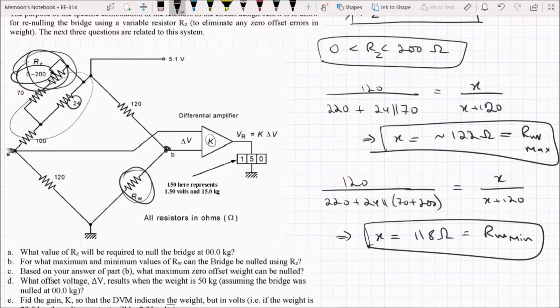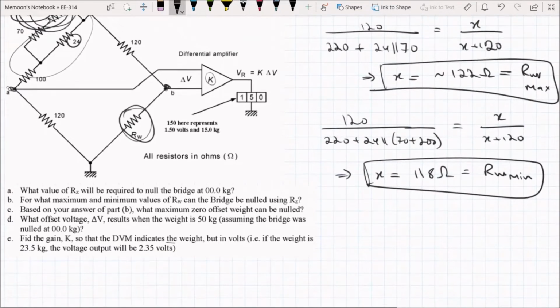And we know that the ideal value of Rw at 0 degrees centigrade was 120 ohms. So a plus minus 2 ohms difference in Rw due to any error factor can be corrected using this Rz.